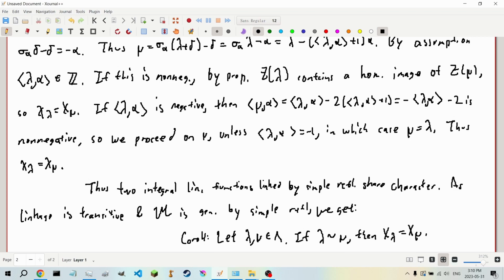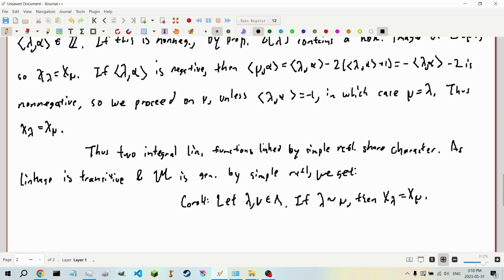Now, this is part of Harish-Chandra's theorem, and the rest is a lot harder, which is pretty cool because that's what we are doing next.